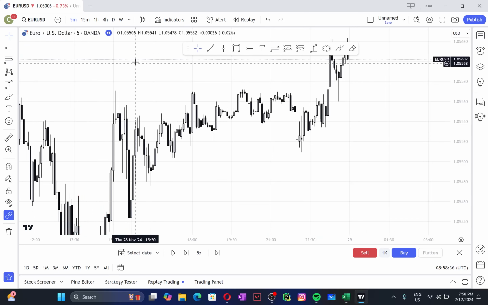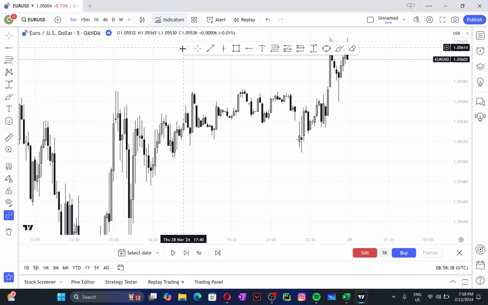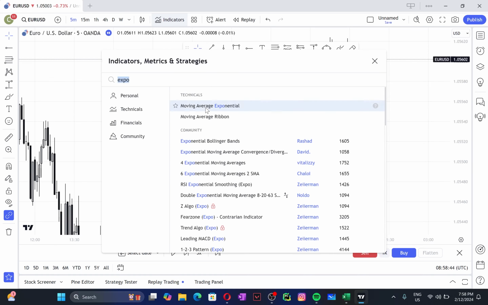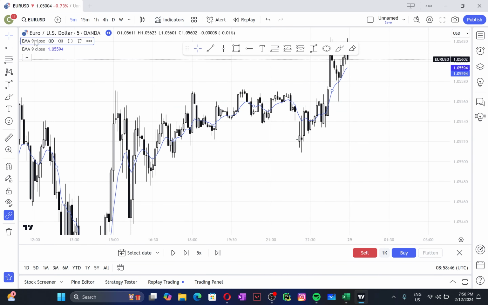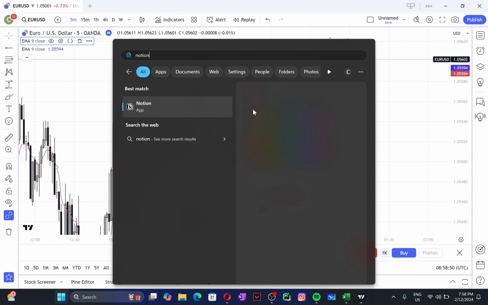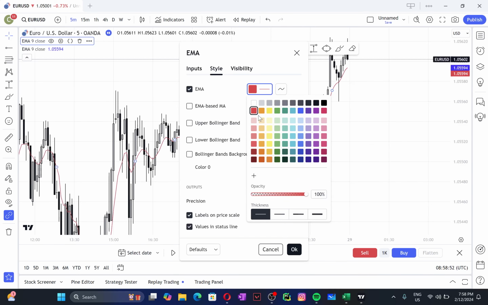Okay, I don't want this again. Where is that? And also I should add the moving average indicators. So the exponential moving average, we need 2 of them. One of them with length 8. I think, is that red? Let me check my strategy around here.